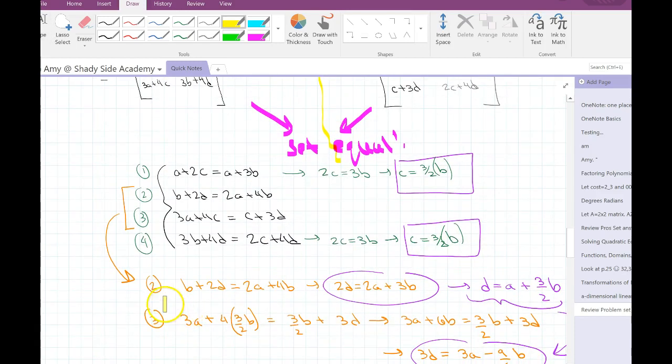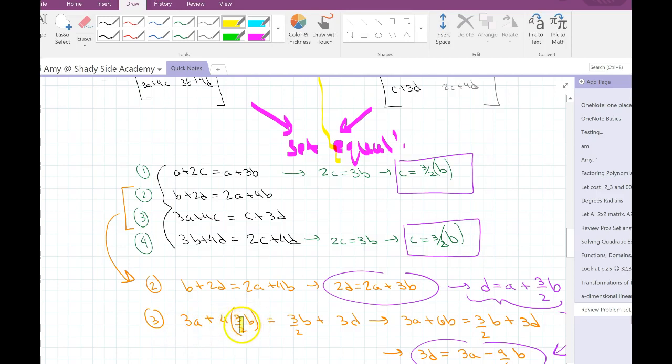Look what I did. Equation 2 was B plus 2D equals 2A plus 4B, right? Or 2D equals 2A plus 3B, right? Or D equals A plus 3 halves B. Okay, agreed? I agree. Here's equation 3. 3A plus 4C.